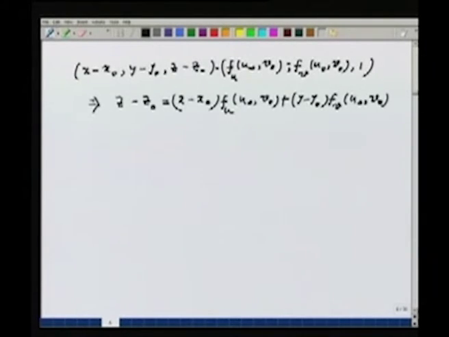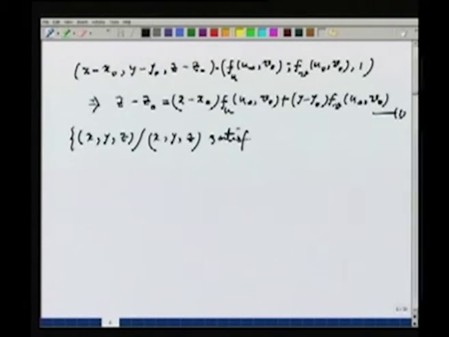So this is the equation of the tangent plane. If I call this equation 1, then all (x, y, z) satisfying 1 form the tangent plane of the surface at the point (x naught, y naught, z naught).